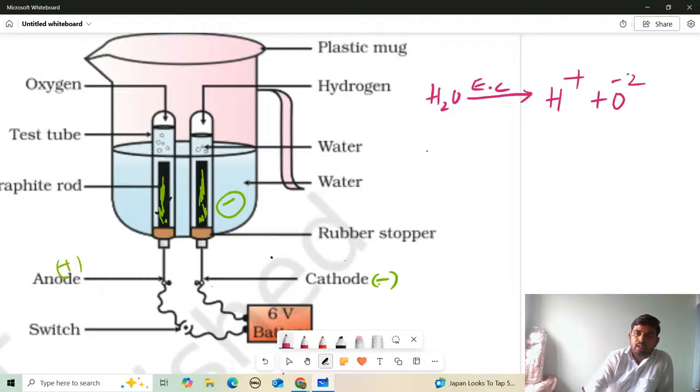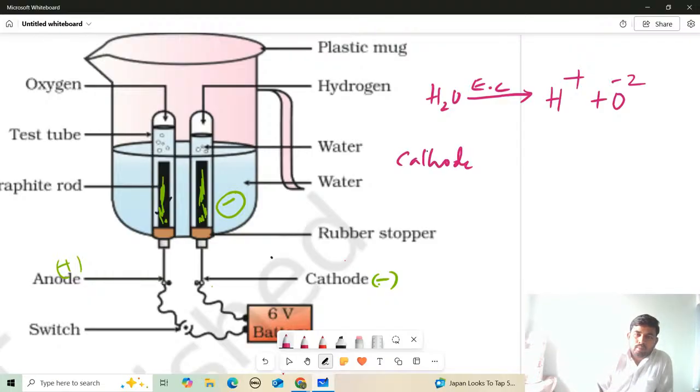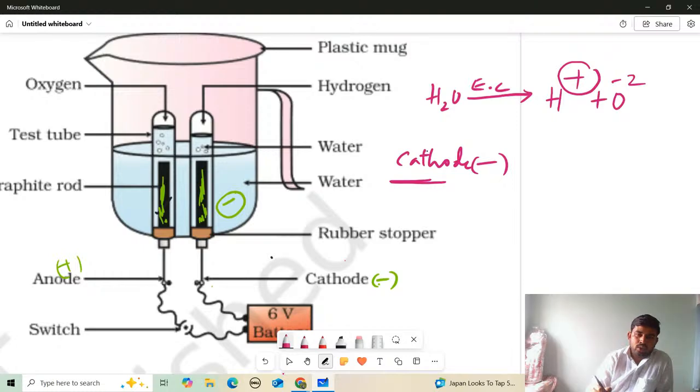Let me write the reaction at the cathode. Cathode means negative potential, so it will attract positive ions. Two H plus ions will come here and gain two electrons.